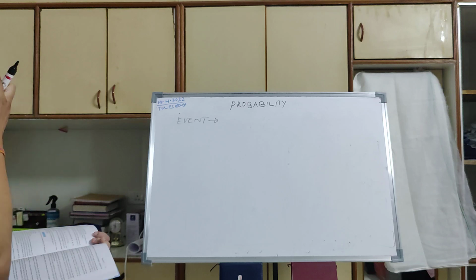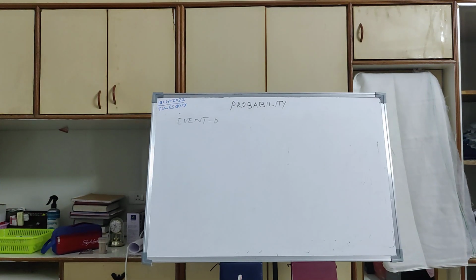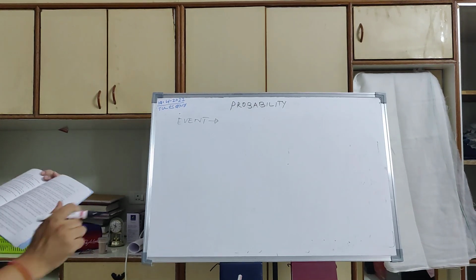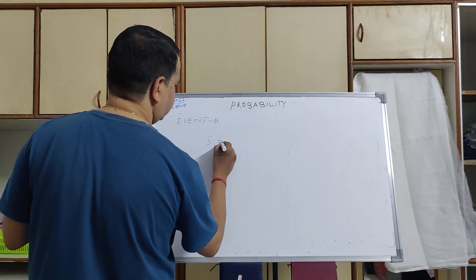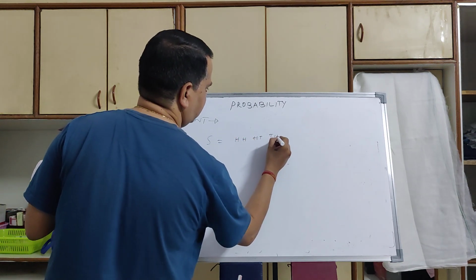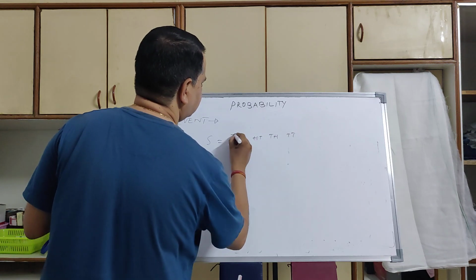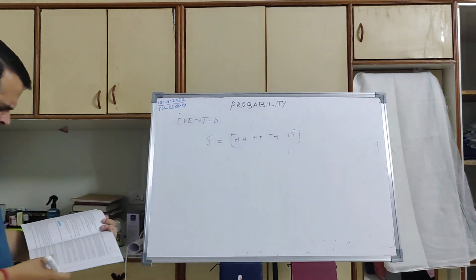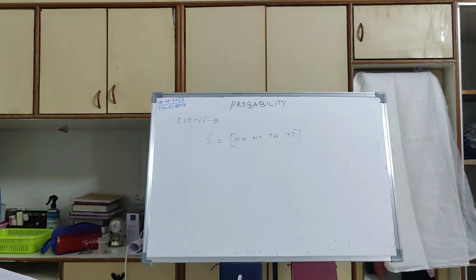So we have tossed one coin twice or two coins once, and we have got our sample space as HH, HT, TH and TT. Now we want an event.